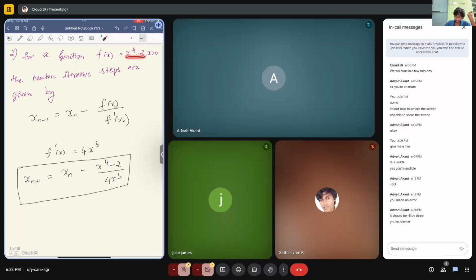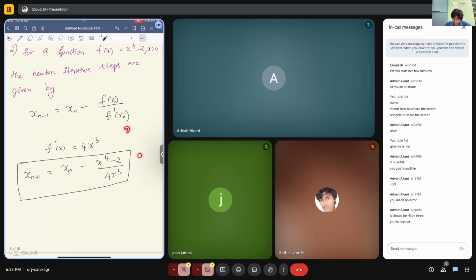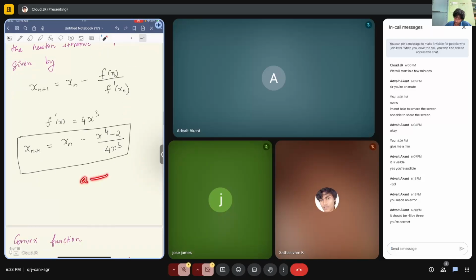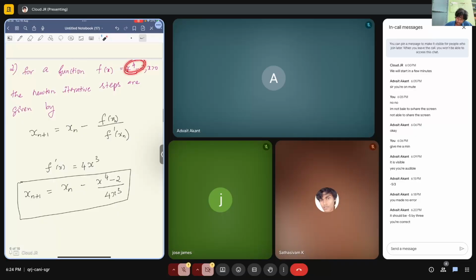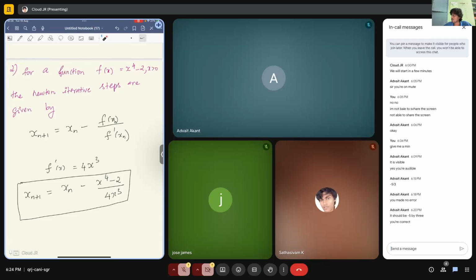When you start with a point x naught, it will converge to some point, a root, but it will only give you one root, right? If you want more roots, you might have to start with some other points. You start with the point A, and you may get one root. But you have 4 roots here, right? I think 2 real roots, possibly. No, it has 4 roots here.